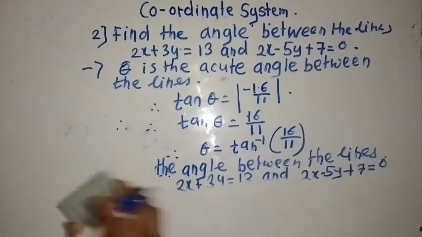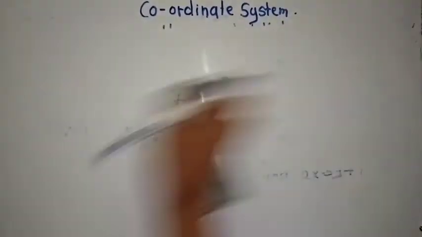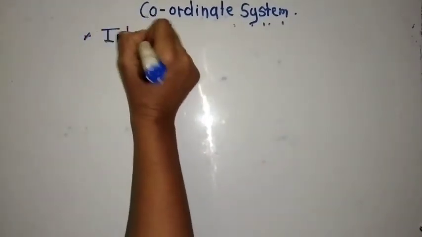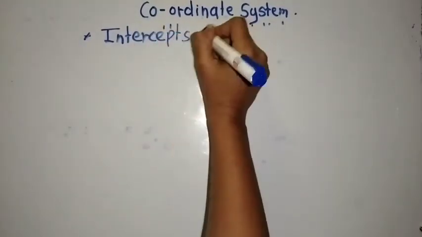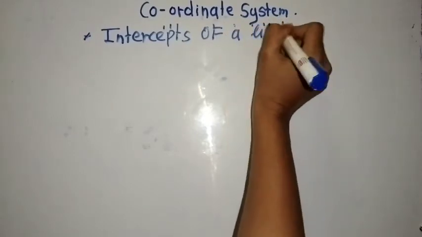Then we give the next point, intercept of a line.